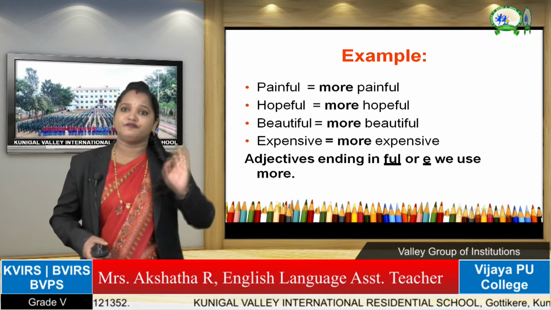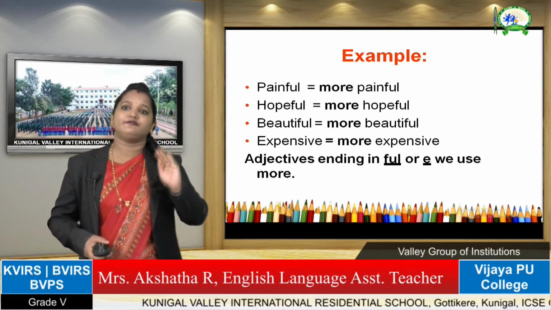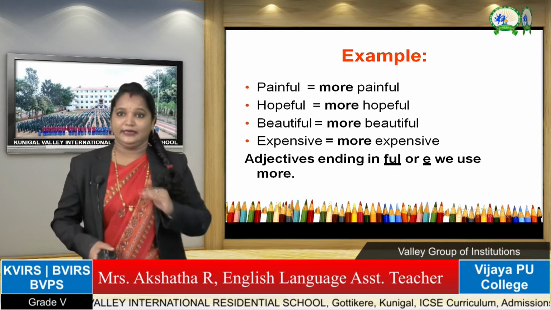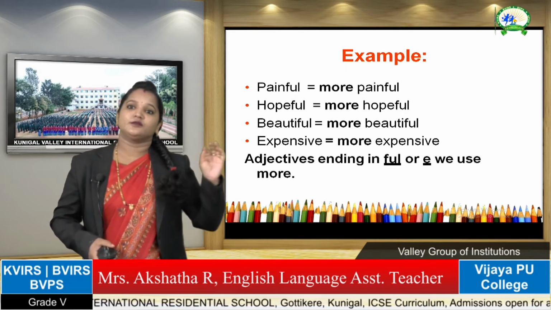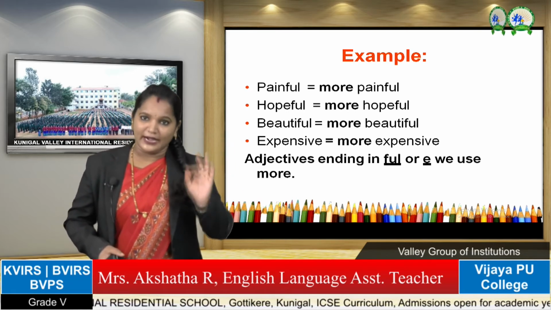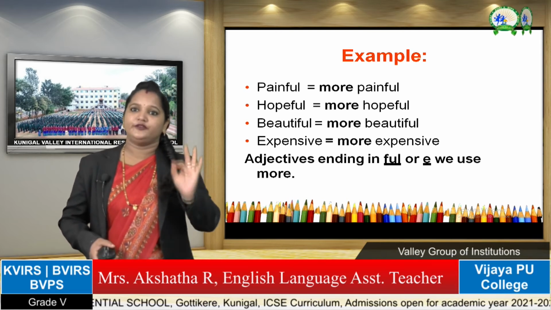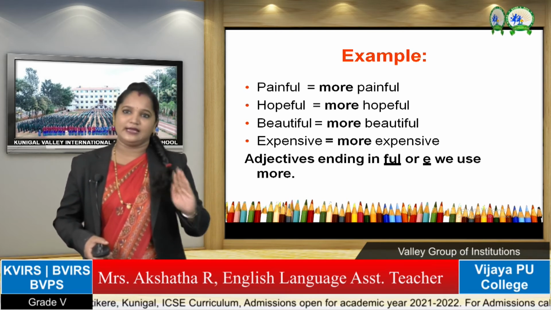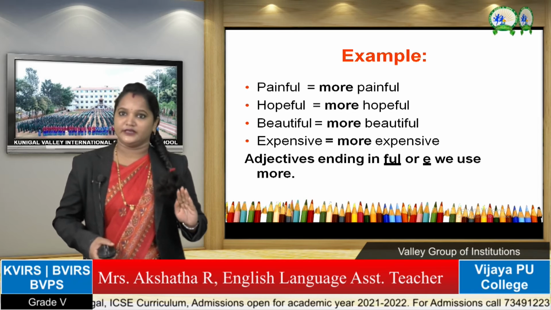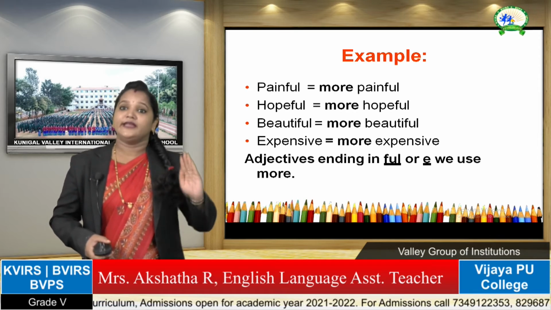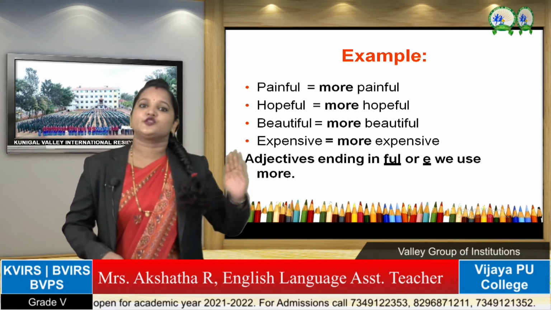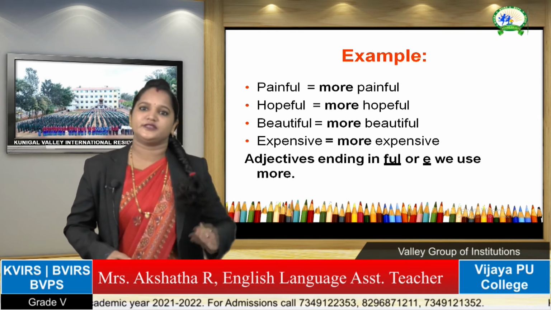Whichever adjective ends with FUL or E, then we use more. If the adjective ends with FUL or E, we will not add ER to make it comparative degree. We add MORE before the adjective, so that it becomes comparative degree.